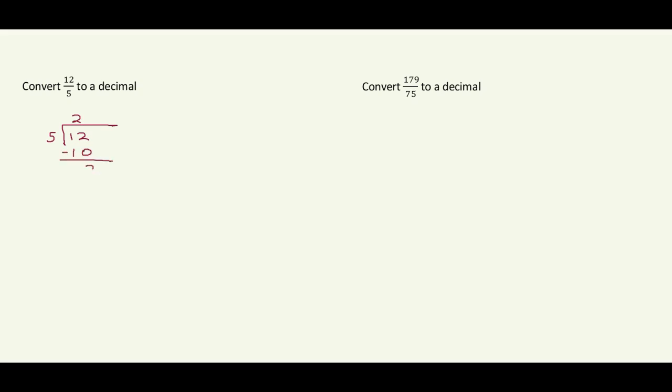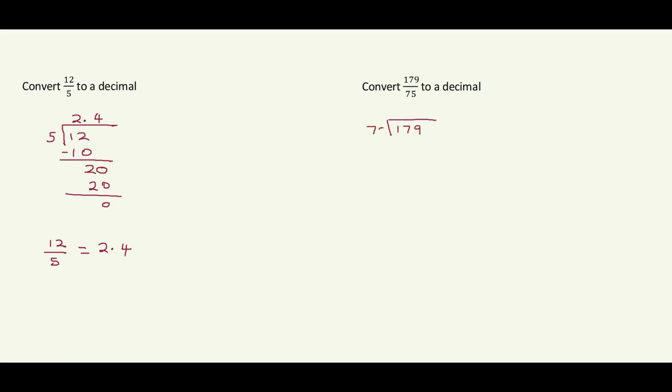We subtract, we have 2. 2 is less than 5, so we're going to put a decimal point right here and then append a 0 here. 20 divided by 5, we have 4. 4 times 5, we have 20. Remainder is 0. So 12 over 5 is equal to 2.4.